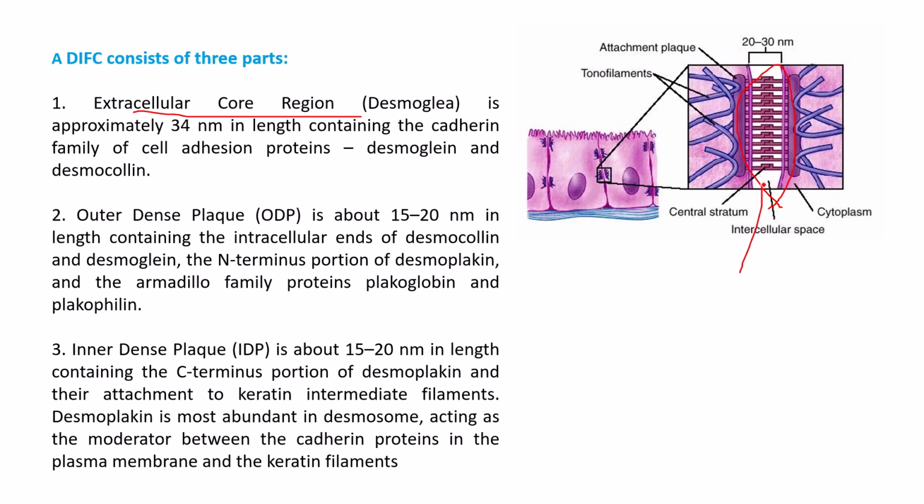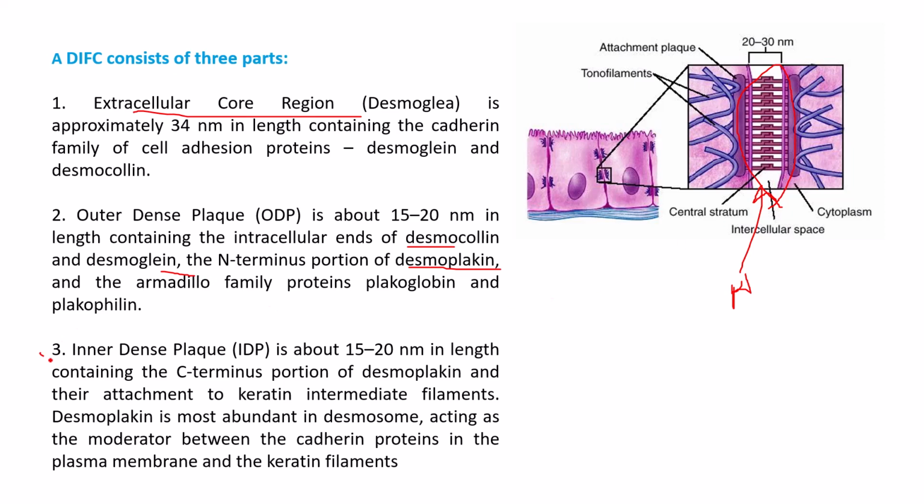So here the N terminal of desmocollin and desmoglein is present, and it makes a portion of desmoplakin. Together they make a portion of desmoplakin, and the armadillo family proteins plakoglobin and plakophilin are also present in this space.